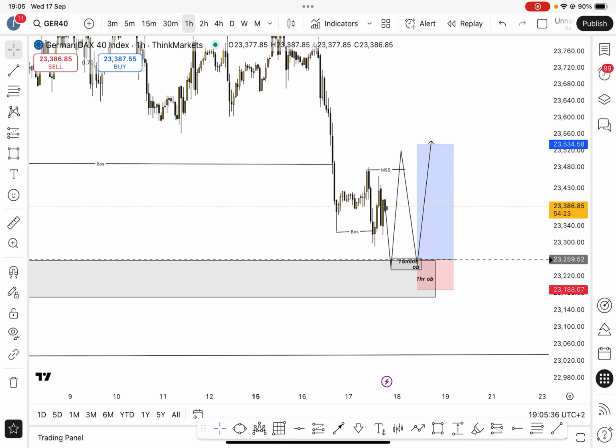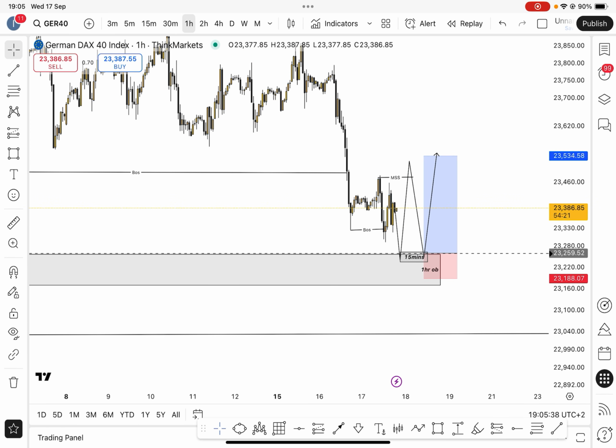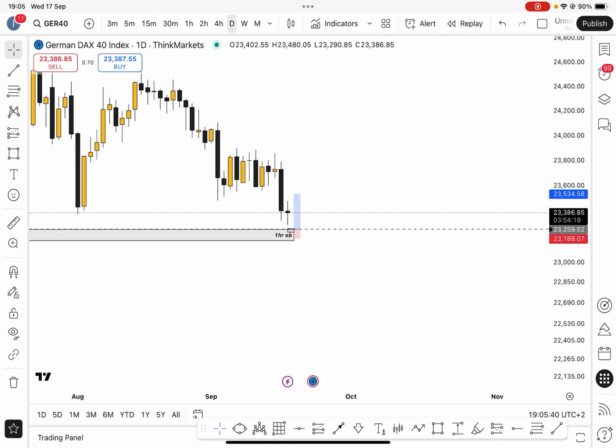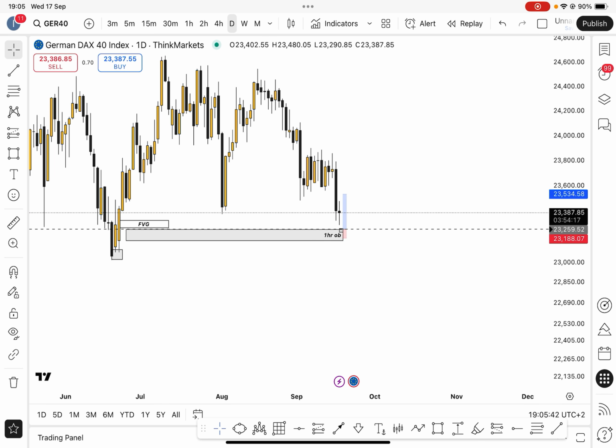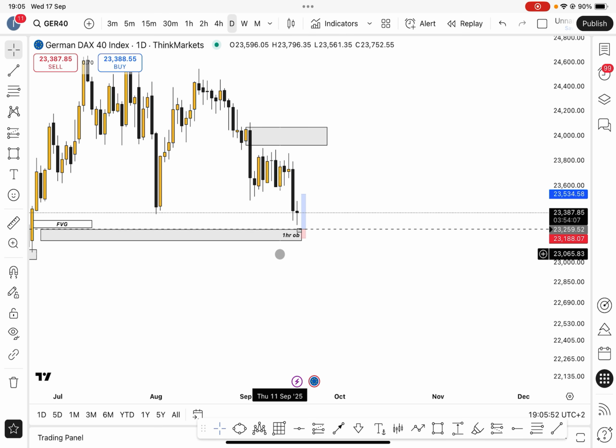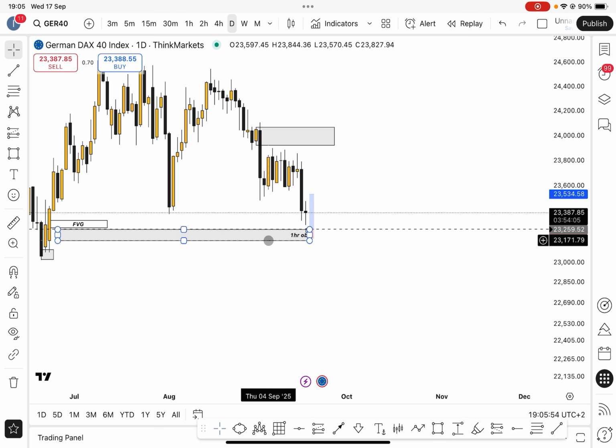Why am I looking for a buy? If we go to the daily time frame, there is a zone. There's an unmitigated zone here that I am watching if market is going to go there before coming down.